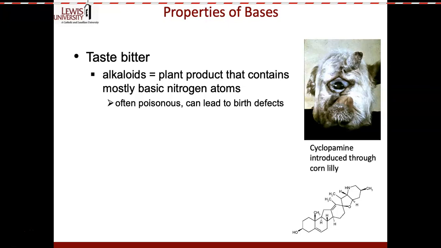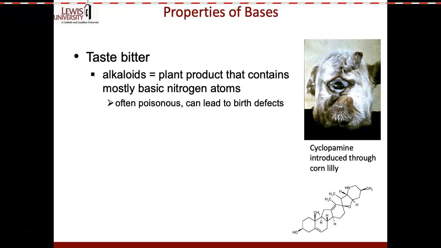So this was found out in Montana, and they discovered that they were getting deformities and birth defects in the goats out there. So the image over there is the head of a defective goat that was born, and you can obviously see it's got some problems with having one eye like a cyclops and a foot going off the forehead and in the mouth. And what they discovered was that the goats out there were eating a lot of corn lilies when they grazed, and this molecule, cyclopamine, was doing the damage.